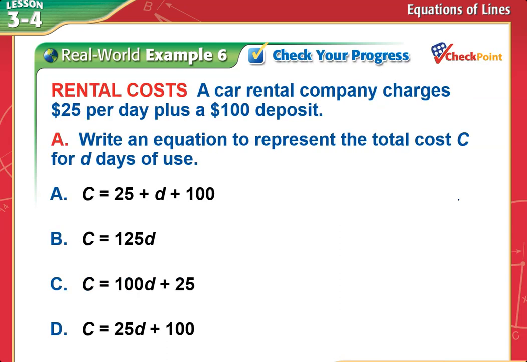Okay, a car rental company charges $25 per day plus a $100 deposit. Write an equation to represent the total cost C for D days of use. Go ahead and pause your video. There you go. C equals 25D plus 100.